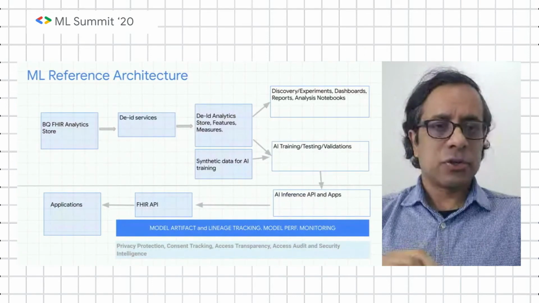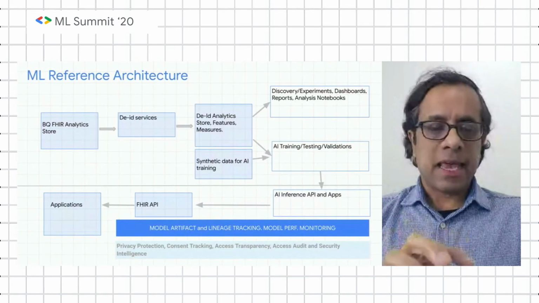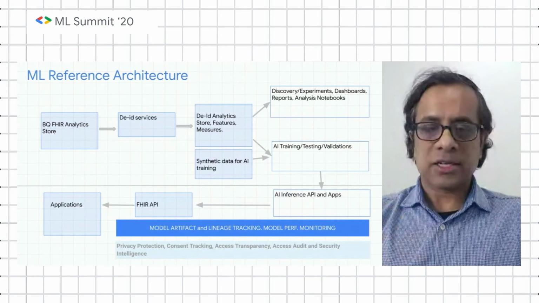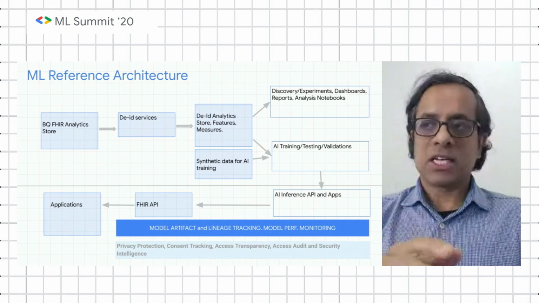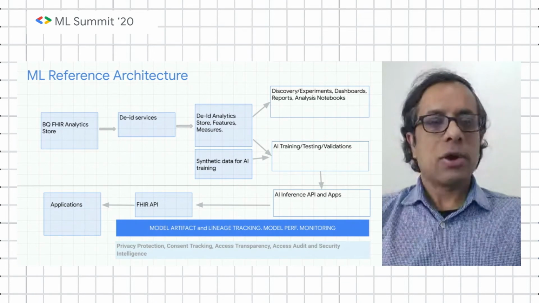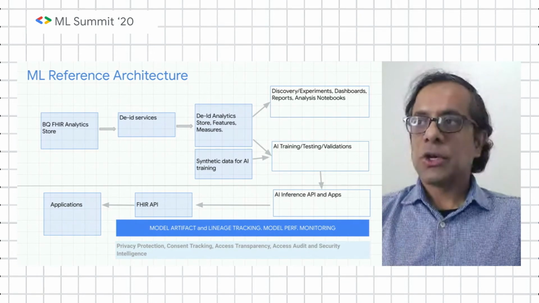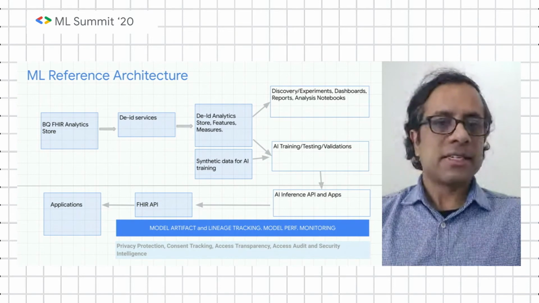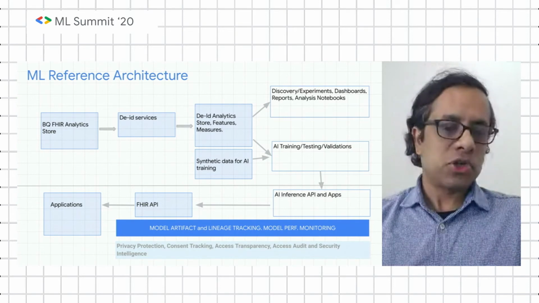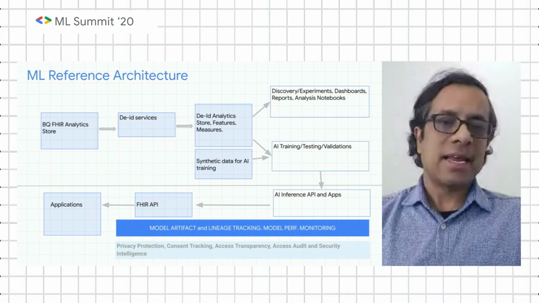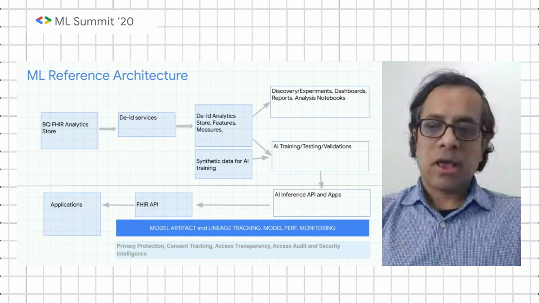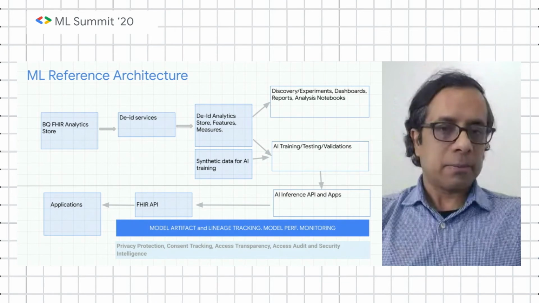Specifically, I want to mention a little bit about some of the ML architecture that you could create based on this FHIR data. You could have the FHIR analytics store, and on top of this you can apply the DID service to create DID data, because DID data could be utilized for machine learning purposes. Then you can ingest synthetic data that might be needed for a variety of training.